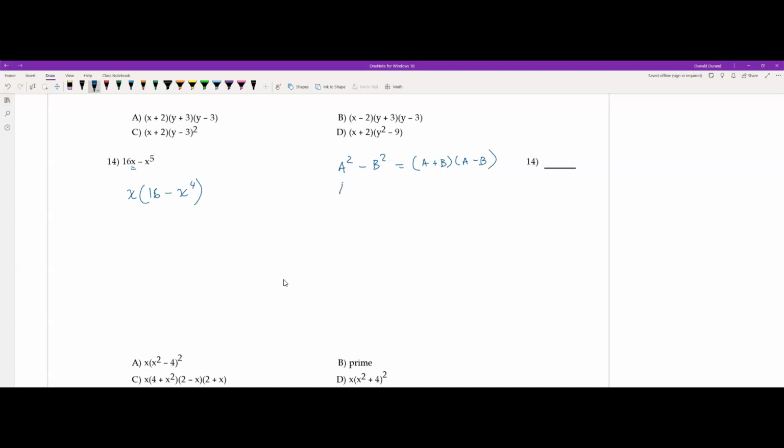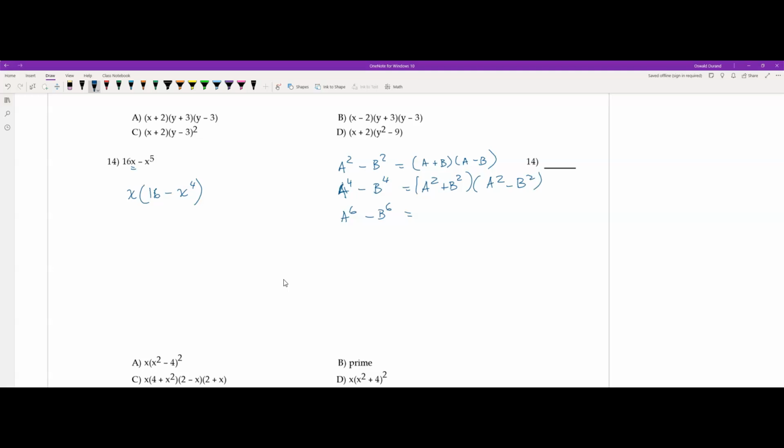If I have a to the power 4 minus b to the power 4, I can write it as a to the power 2 plus b to the power 2 times a to the power 2 minus b to the power 2. That works out. Okay? Same thing for a to the power 6 minus b to the power 6. It's going to work out too.